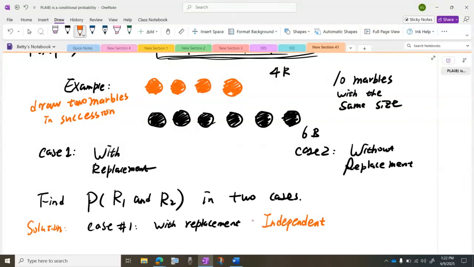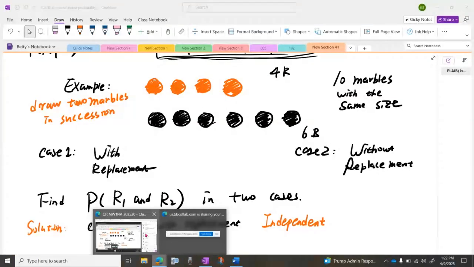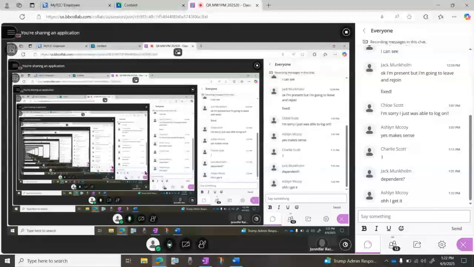So whether the first marble is black or red doesn't matter, it does not affect the chance of getting a red marble the second time. Can you feel that? Would you consider that again? Okay, perfect. So we agree.